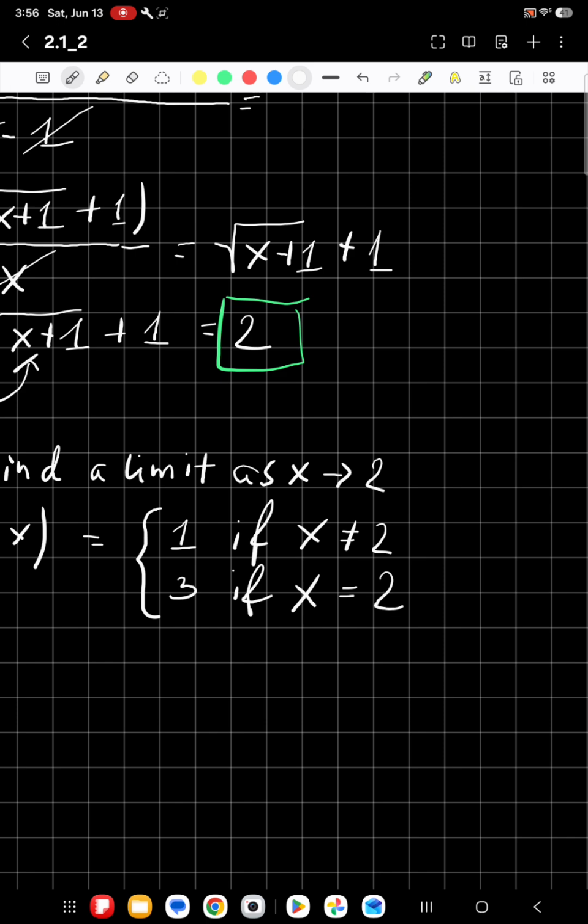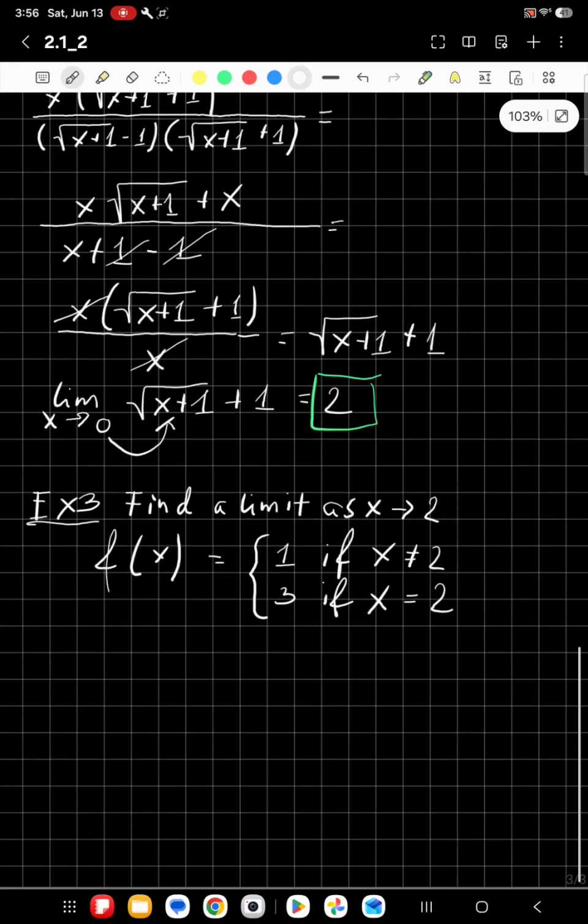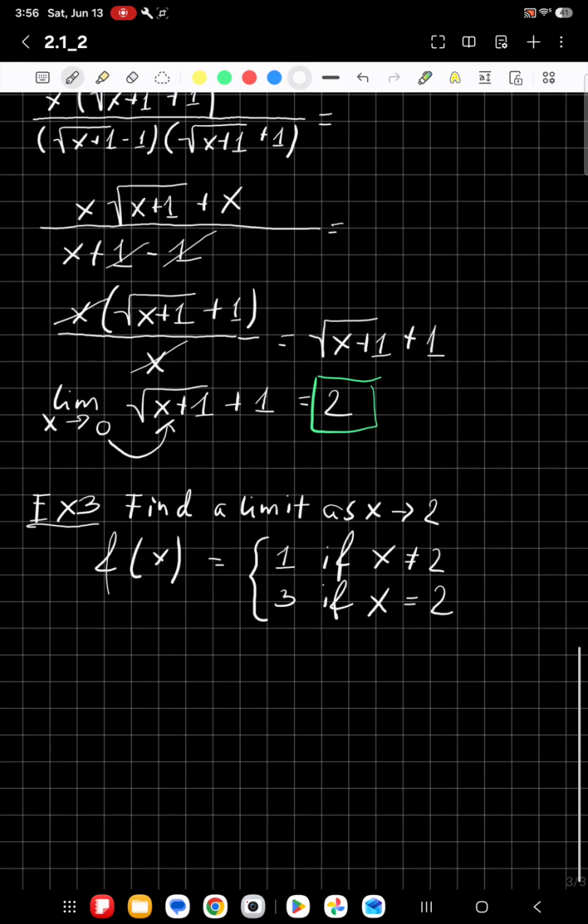Okay, so this one we'll just solve by using graphing. We have a coordinate system. Let me put a couple of numbers: 1, 2, 3, 4, and then 1, 2, and 3, and a couple of negatives.